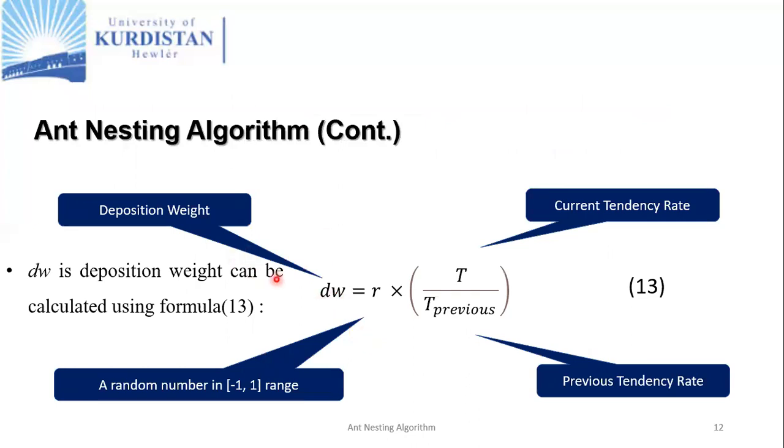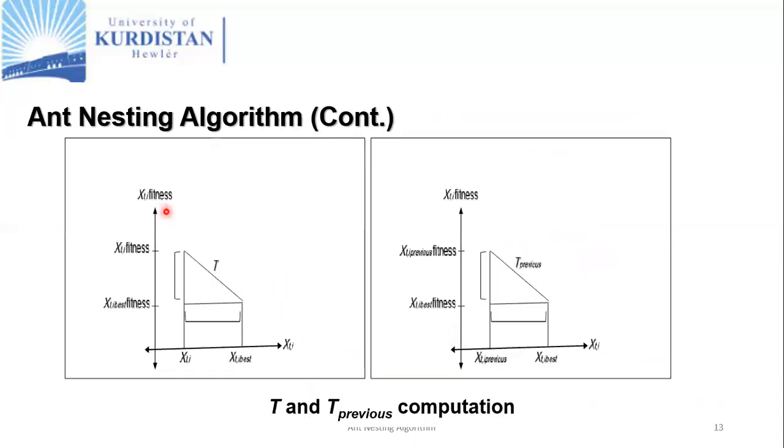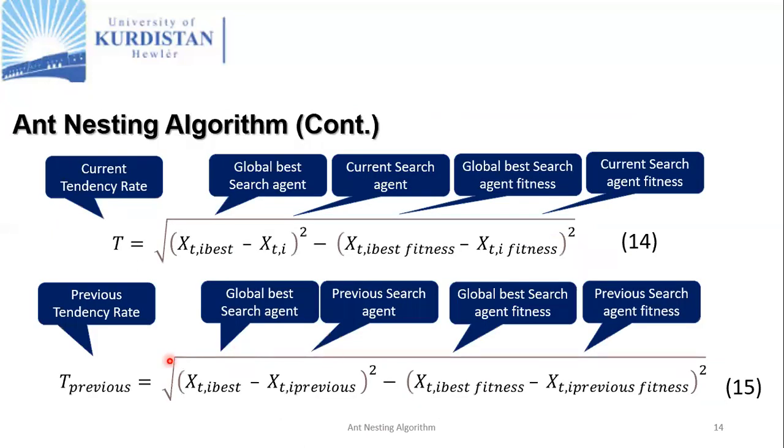Now, for the deposition weight, TW, it can be found by R multiplied by T, the current tendency rate, over T previous, the previous tendency rate. And we need to find T and T previous. Using the Pythagorean theorem, we can find T and T previous, which can be calculated through these two equations.